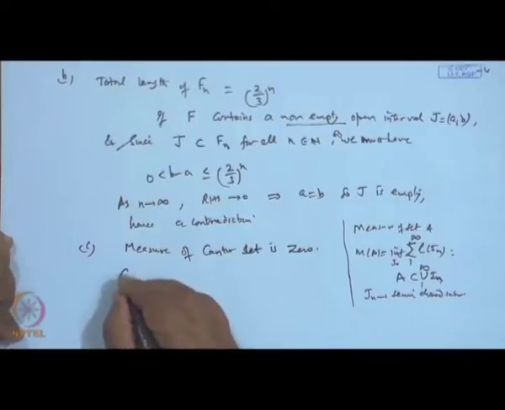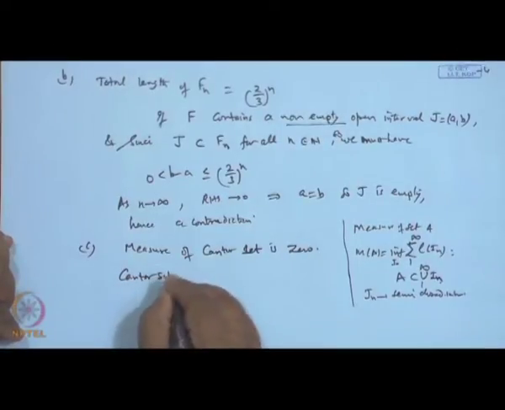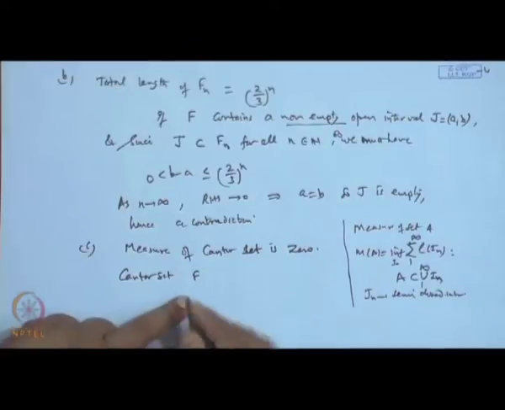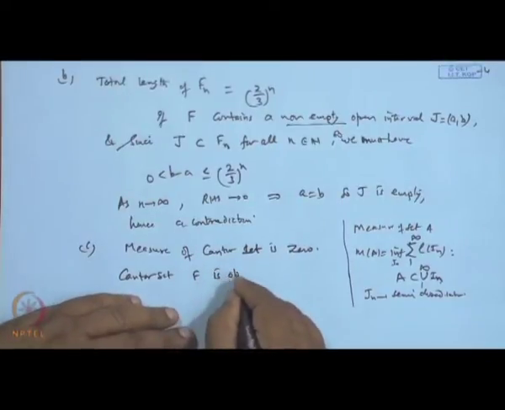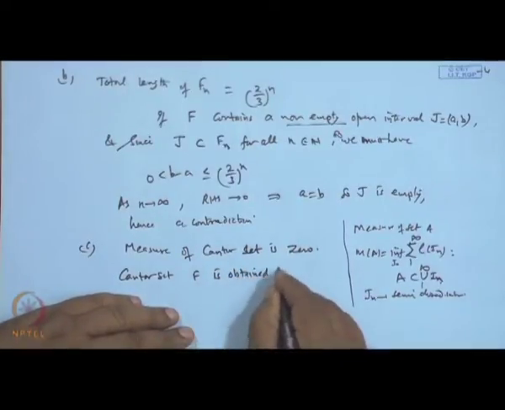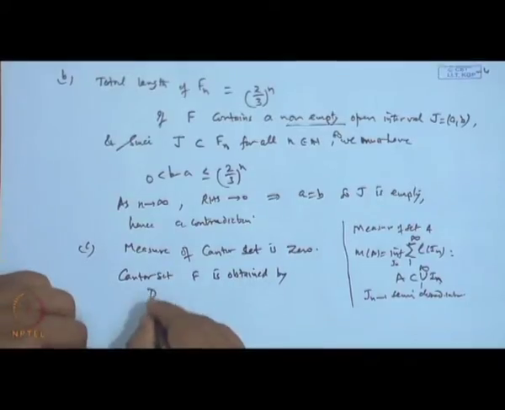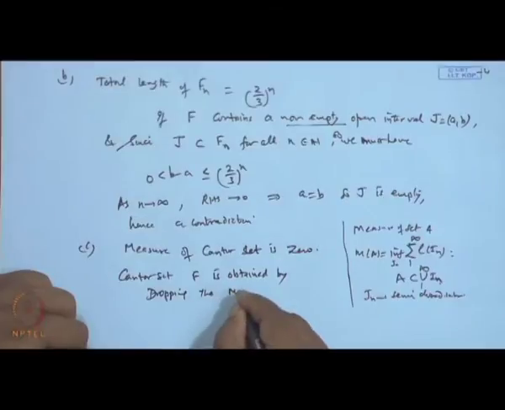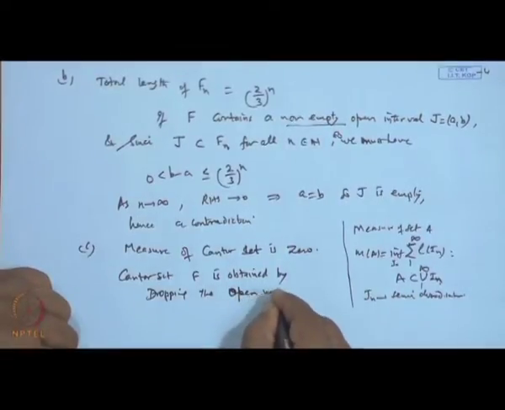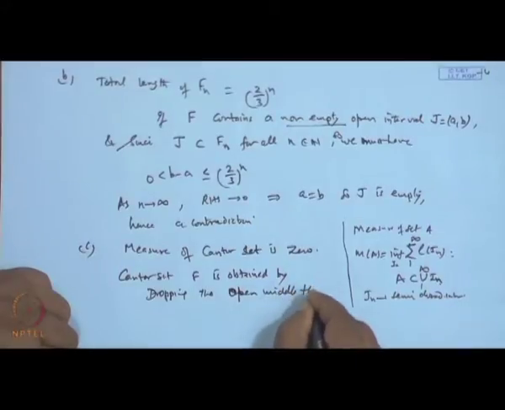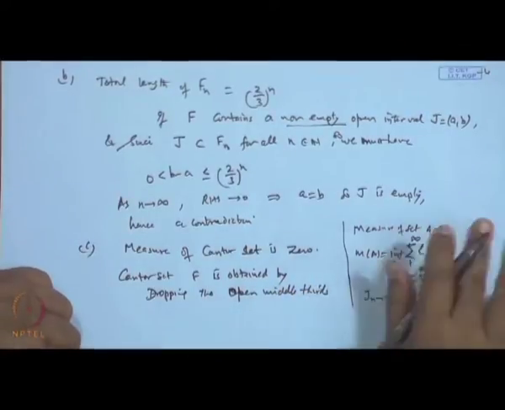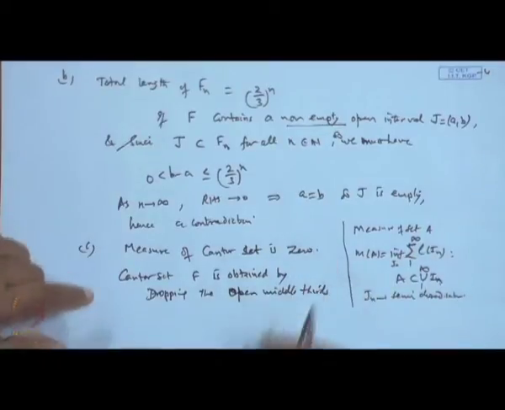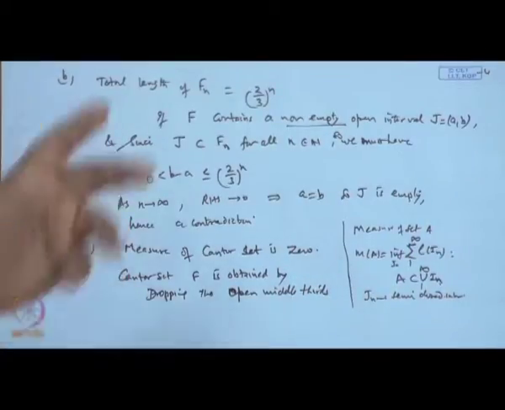Okay. The Cantor set F is basically obtained by dropping the open middle thirds. When you divide the whole closed interval into 3 parts, the middle third you are dropping.